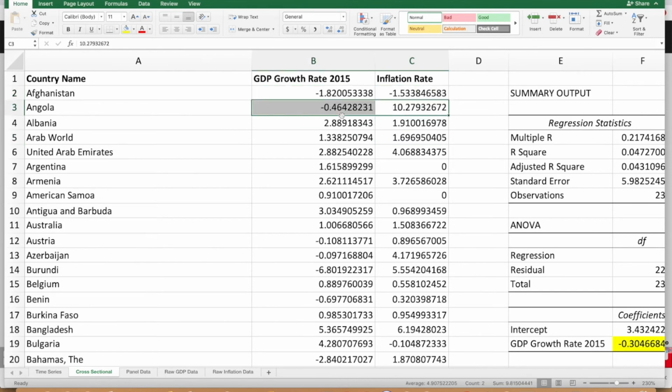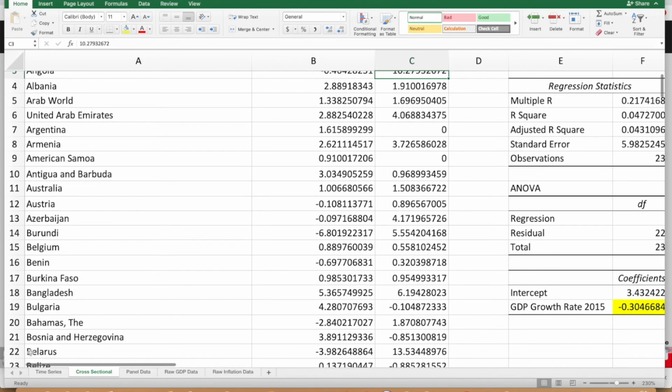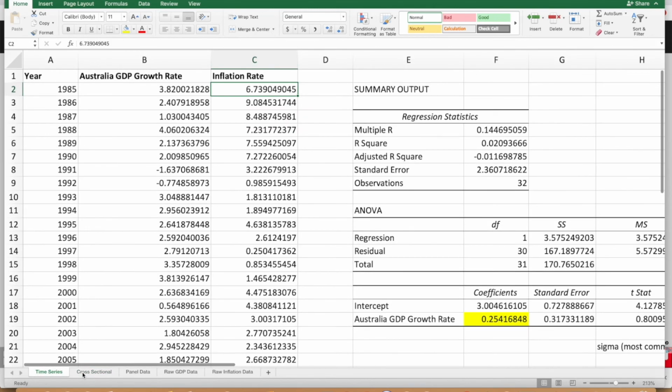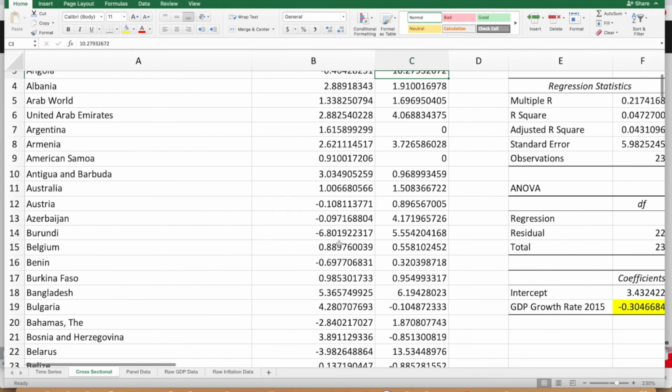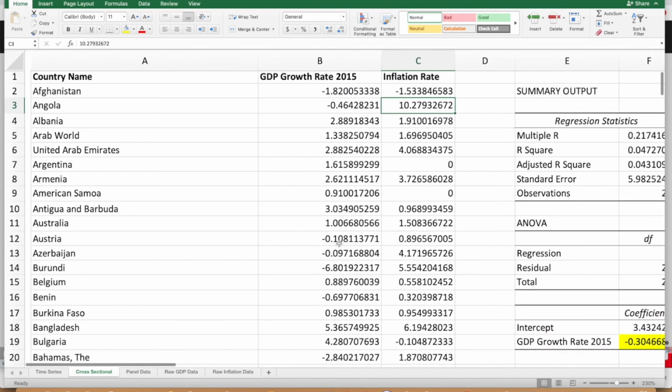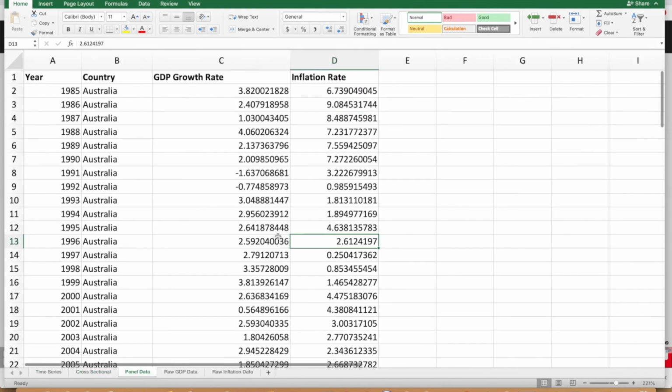Negative growth, but a high inflation rate of 10%. So that can show you how what type of data you get really can matter. And it's really cool sometimes to be able to do those comparisons if you'd like to go above and beyond. Doing comparisons with different types of data sets in your final project would definitely boost your final project score if you're interested in anything like that.